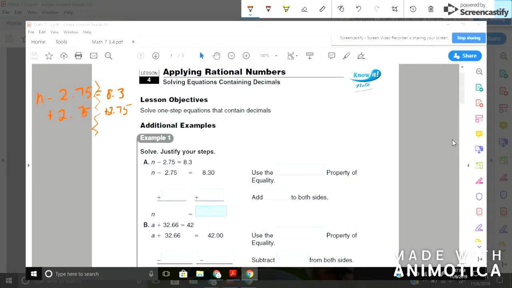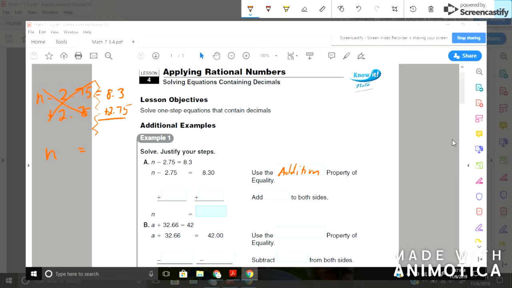Okay, so subtracting 2.75 and adding 2.75 undo each other, and I'm just left with n equals, and then I just have to add these two together. So again, I'm going to use the addition property of equality because it was subtracting, so to undo that, I would add on both sides.